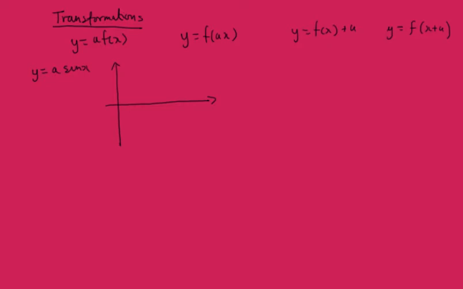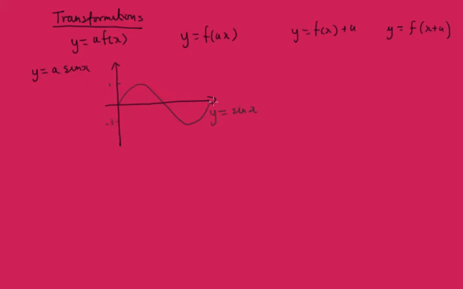I want to be able to change colour. So firstly, I'll just get this black for now. So we've got our normal y equals sine x, where this is 1 and this is minus 1.